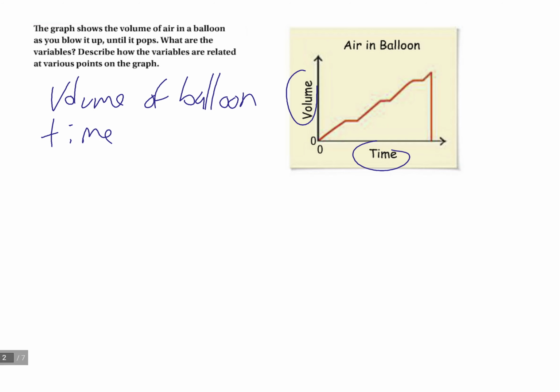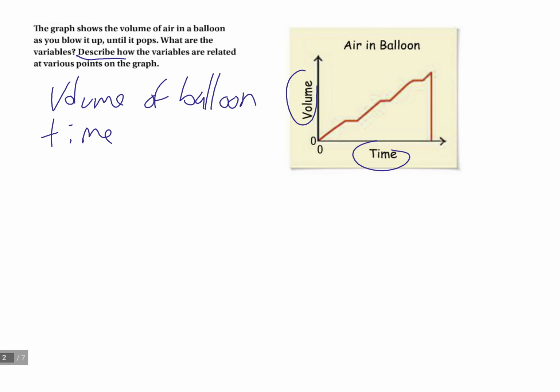We're talking about the air that's in the balloon. The things that are changing are the volume of the balloon and the time. As time goes on, the volume of the balloon is changing because we're blowing it up. Okay, that's the idea. So now describe how the variables are related at various points in the graph is what we're going to do. So now I'm answering this question here: describe how the variables are related at various points in the graph.